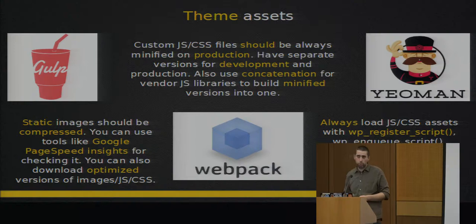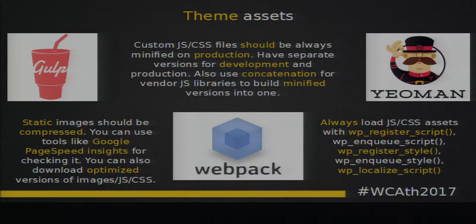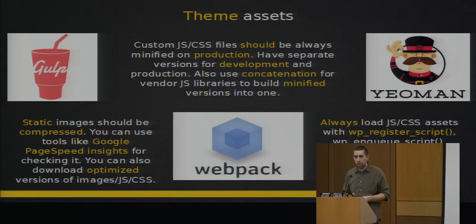Some recommendations, of course: static images that you're using in your theme or plugin should be compressed. You can use tools like Google PageSpeed Insights to download the compressed versions of those images. Not that Google PageSpeed Insights is going to fix all your problems. Problems with speed you definitely need to look for either on the server, theme, plugin or database.